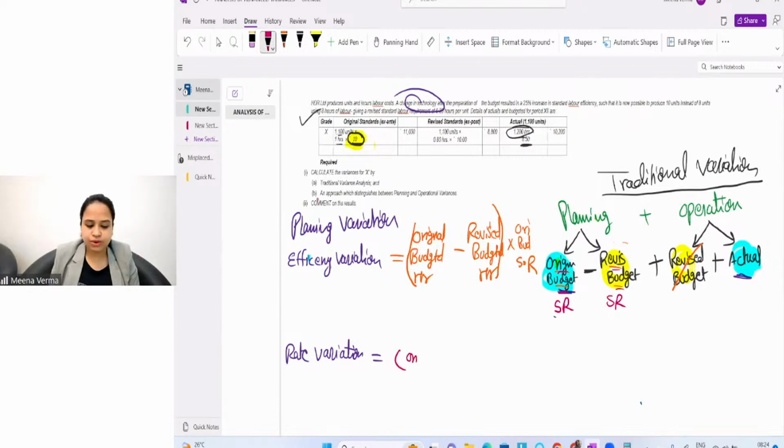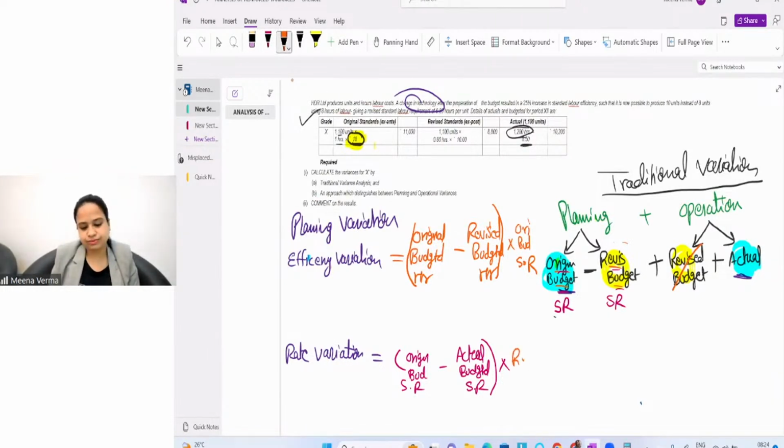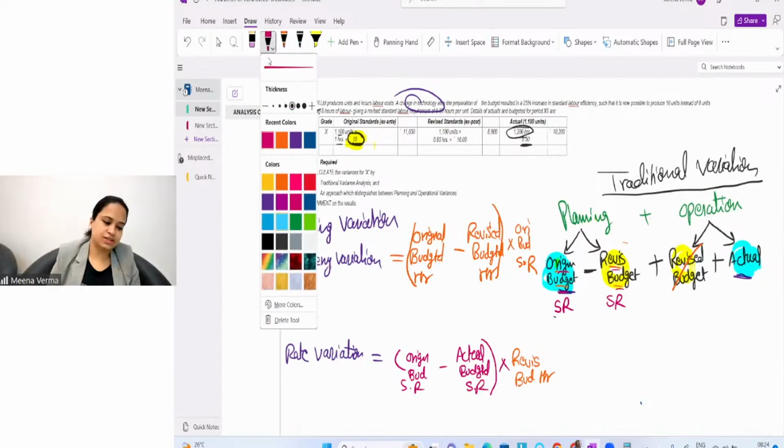So we will consider original budgeted standard rate minus revised budgeted standard rate into what? Original budgeted hour. Revised budgeted hour, sorry. Just put all this information, you will get the answer.